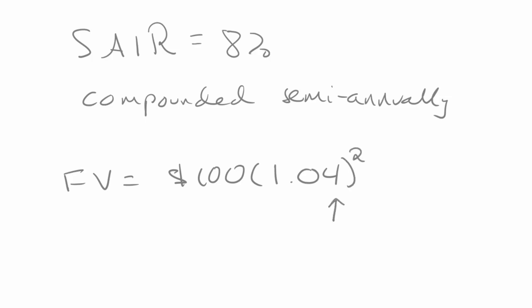So this 0.04, that's what I call my period rate. And this 2, that corresponds to my frequency. We're going to use the terminology stated annual interest rate. We'll be consistent about that. In consumer credit, sometimes this is called the APR, the annual percentage rate.